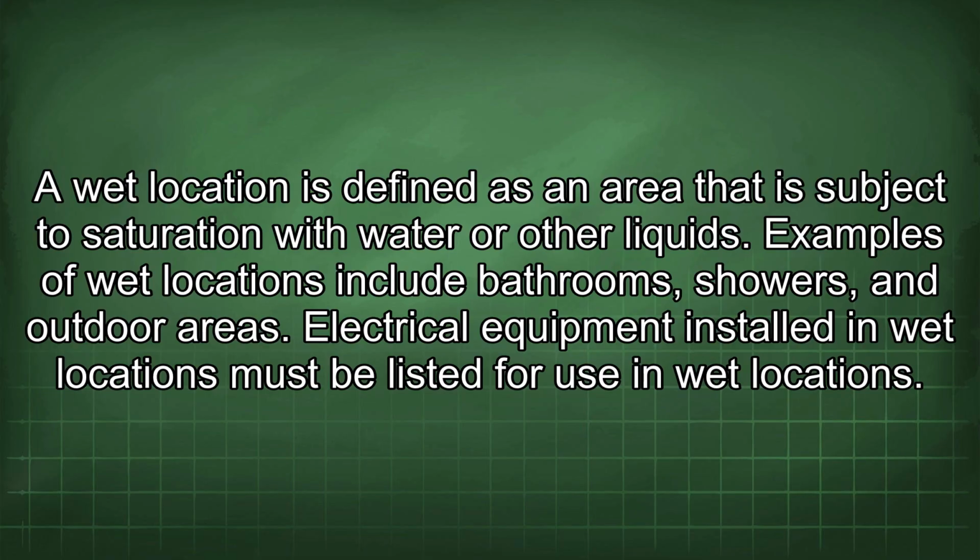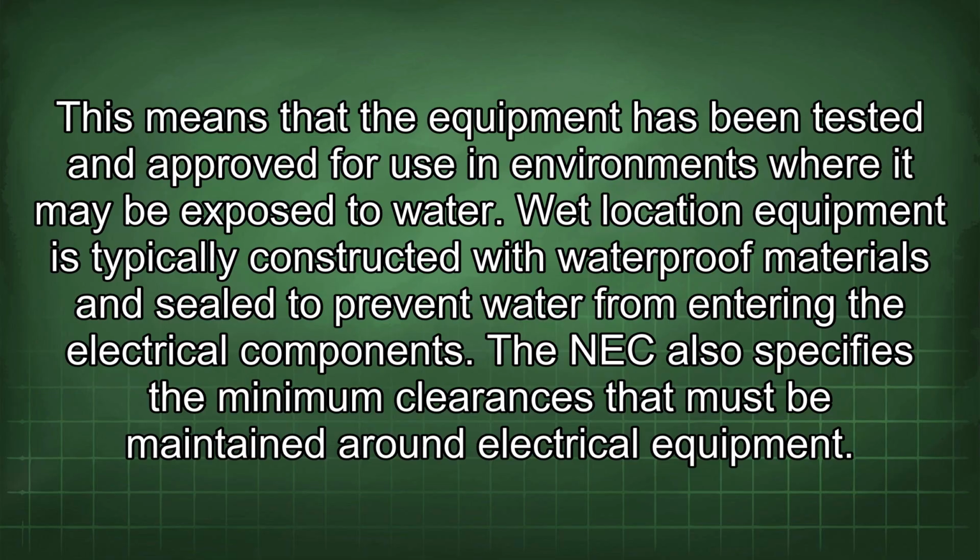Examples of wet locations include bathrooms, showers, and outdoor areas. Electrical equipment installed in wet locations must be listed for use in wet locations. This means that the equipment has been tested and approved for use in environments where it may be exposed to water. Wet location equipment is typically constructed with waterproof materials and sealed to prevent water from entering the electrical components.